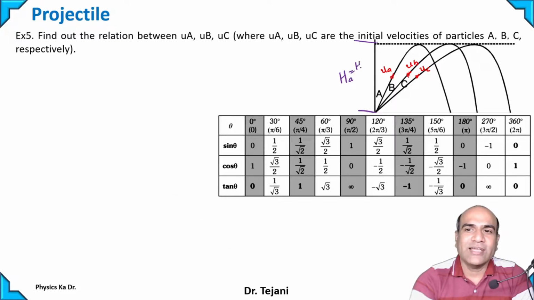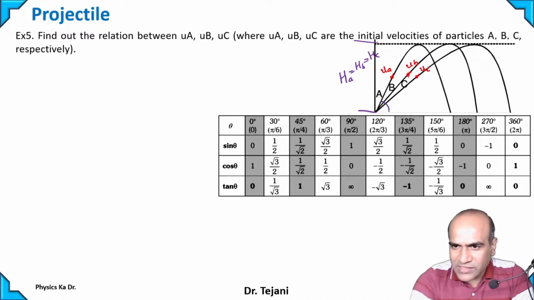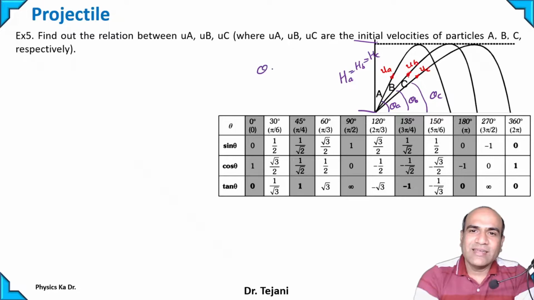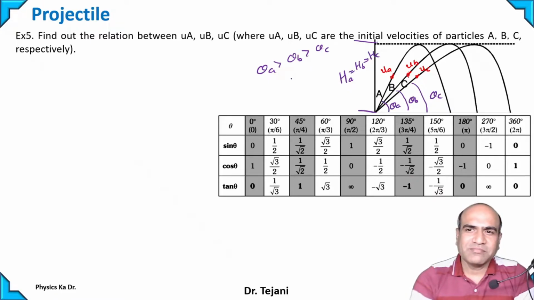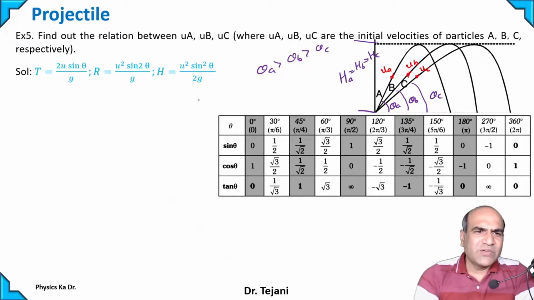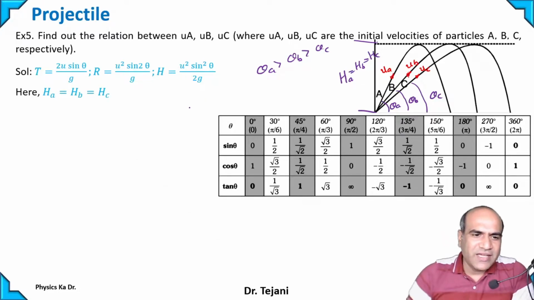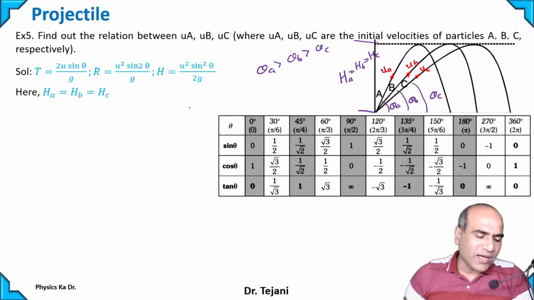Again, we can see theta A, theta B and theta C. Theta A is the biggest one, theta B is the middle, and theta C is the smallest one. We have to remember all these equations, but the given is that HA is equal to HB is equal to HC. All heights are equal.